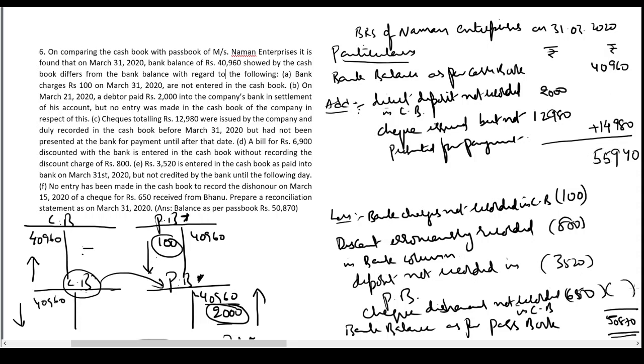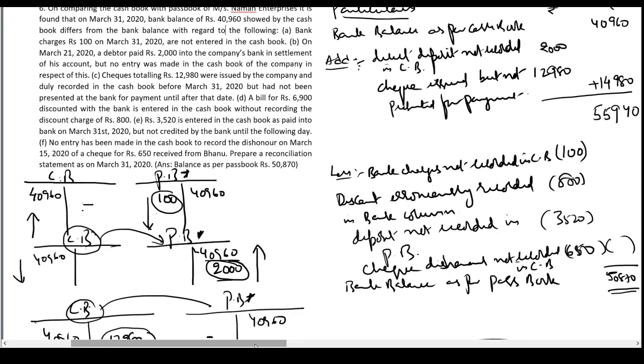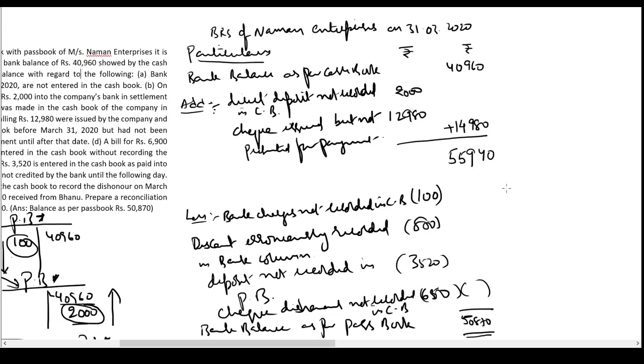Total of the minus items would be 100 plus 800 is 900, 4420, 70 rupees. 7, 9, 14. 5,070 has to be reduced.